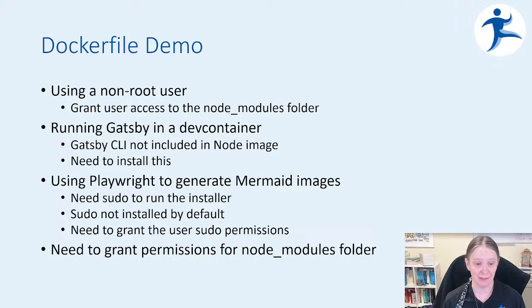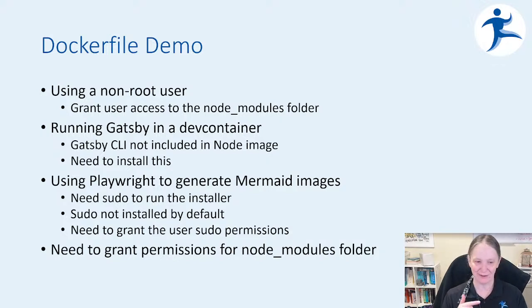With Gatsby in a dev container, the Gatsby CLI is not part of the node images. So we need to install that. For this particular site, we also use Playwright to help generate our mermaid images. Mermaid images, think of them like state machines, flowcharts, different types of diagrams. That's where mermaid comes in. But we use Playwright, which means I have to be able to install that, which means I need to have rights to install in a Linux environment, which means I need to have superuser access or sudo, however you pronounce it.